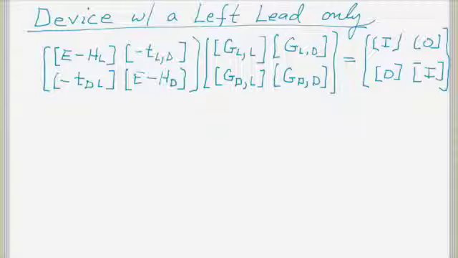So that's the general structure, in block matrix form, of what we have to deal with in general. The important thing is we only want G_DD, and we don't really want the other three blocks, G_LL, G_LD, G_DL.